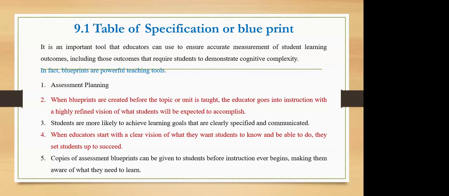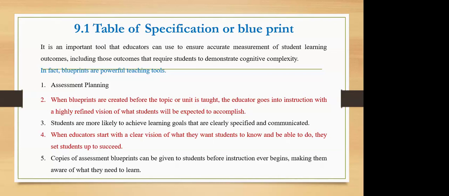Content validity, yes. Face validity, yes, and predictive validity is also there. Predictive validity comes under criterion validity. Very good. I'm very happy with you. Under criterion validity, there are concurrent validity and predictive validity. Then which validity can we test using a specification table? Content validity. Yes, very good.